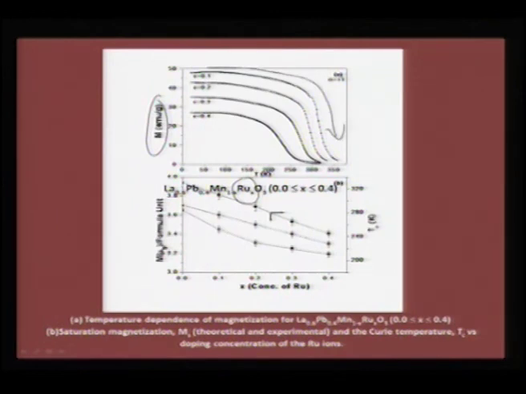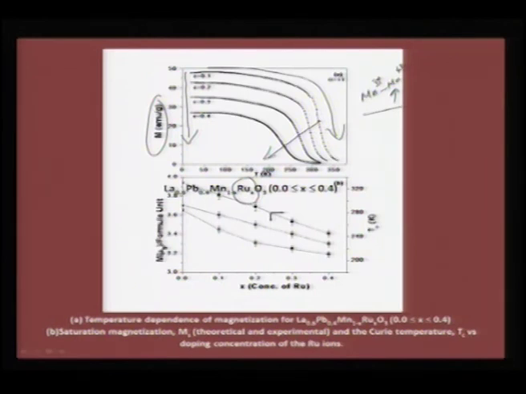During this transition, if you keep on adding ruthenium, as I told you, Mn3 plus Mn4 plus ordering is very important, and if a little amount of Mn4 plus is reduced, then immediately it will spoil the double exchange phenomenon. And you can clearly see that the more ruthenium that is doped, the lower the ferromagnetic transition temperature, decreasing from room temperature to lower temperature.